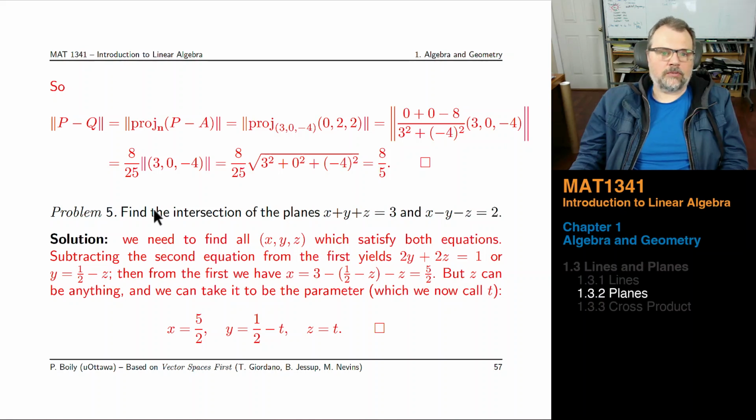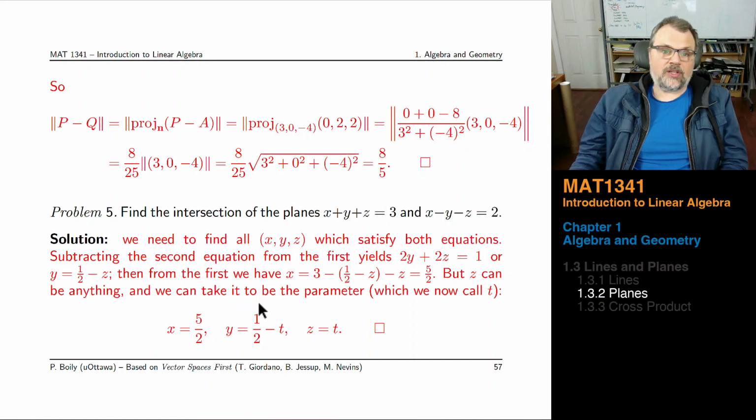Okay, that's good. What do we do with this? Well, from the first equation, in that case, what happens? The first equation tells us that x would be equal to 3 minus y minus z. And we said that y has to be equal to 1 over 2 minus z.